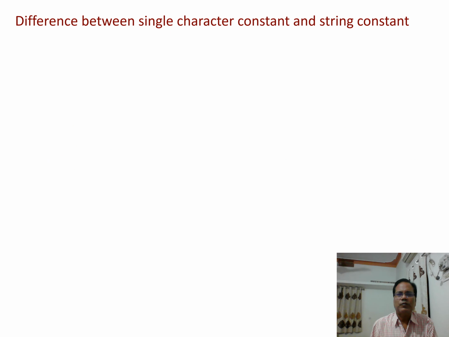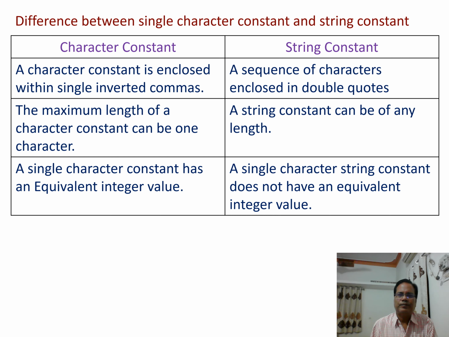Now let us see the difference between a single character constant and a string constant, given in tabular form. In the case of the character constant, it is enclosed within single inverted commas, whereas in the case of the string constant, a sequence of characters is enclosed in double quotes.